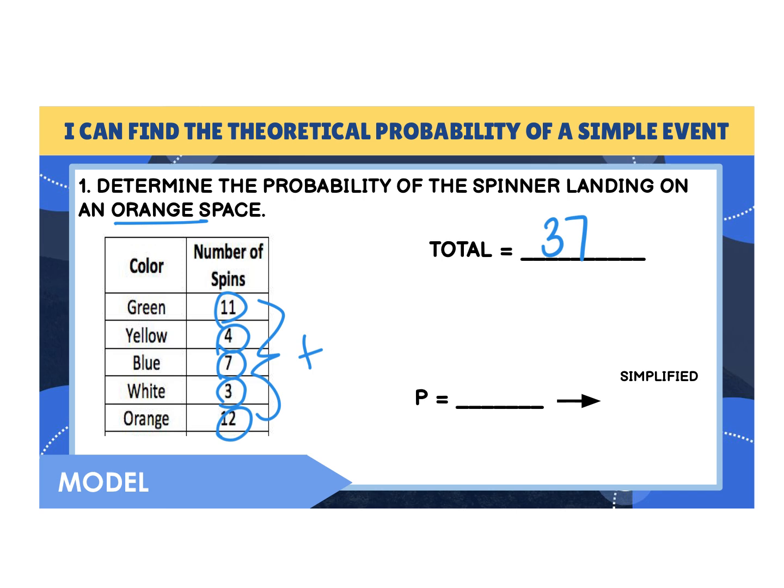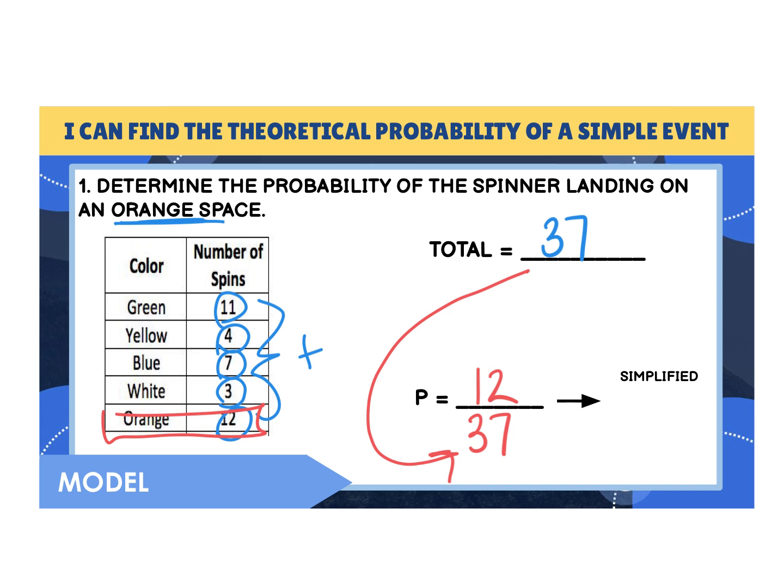And then we want it landing on an orange space. So orange is our desired, which means 12 times, over our total, which is 37 times. Now we can use our yellow calculator to simplify.